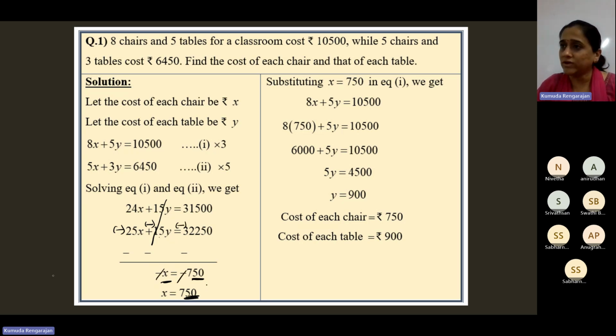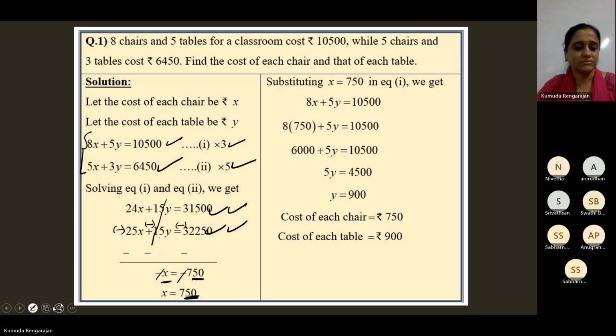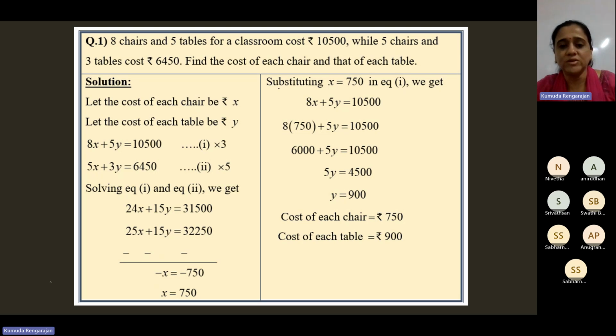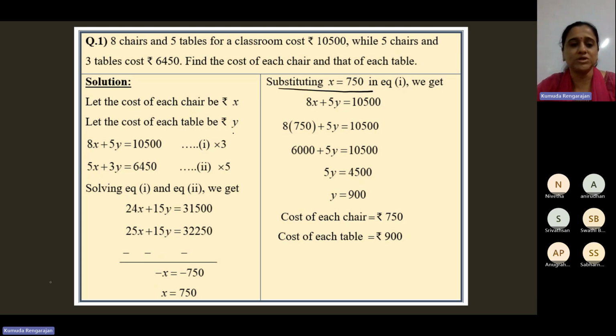Once you find the value of one variable, substitute it in any one of the four equations, but we choose to take the simpler equations. So we normally substitute in this or this, but you can also substitute here or here. You will get the same answer. So substitute x is equal to 750 in equation 1.